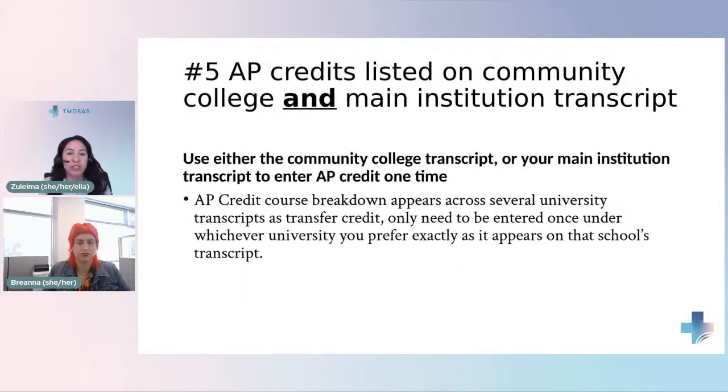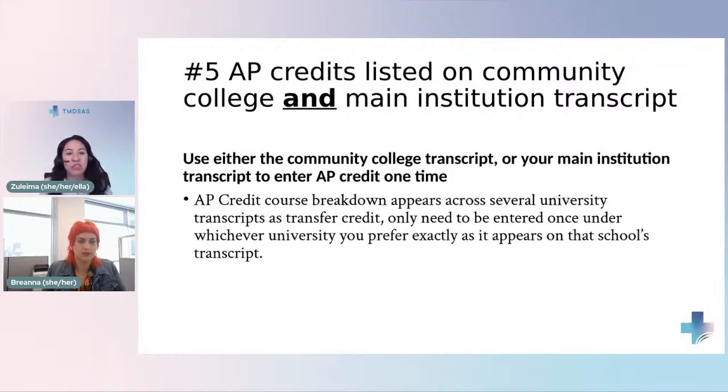And we'll go ahead and move on to the fifth scenario. So AP credits listed under a community college and a main institution transcript. So in this case, you can choose either to list it under the community college or the main institution. Whichever one you choose to use, just make sure that you use the school's corresponding transcript to enter the credit.